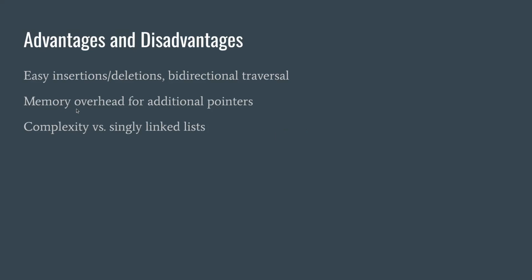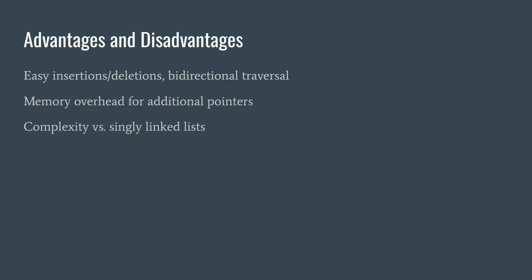Advantages and disadvantages. So doubly linked list offers several advantages, I guess, compared to arrays, easy insertion and deletion, and compared to singly linked list, it offers bidirectional traversal.